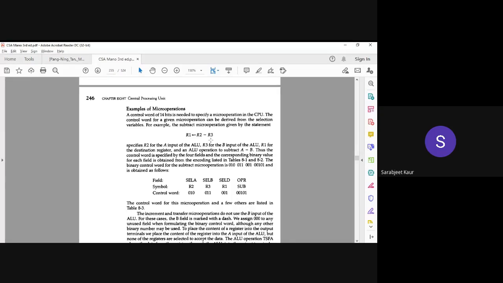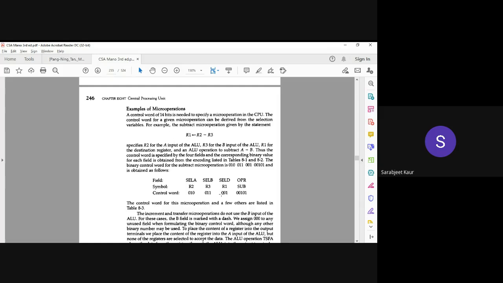So if the bits for the selection lines correspond to the number of the register, for example, for R2 it will be 0, 1, 0, right? For R3 it will be 0, 1, 1. And then cell D will be the destination register.